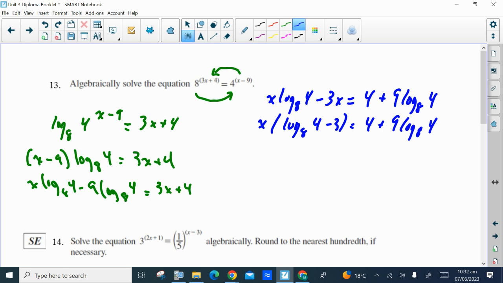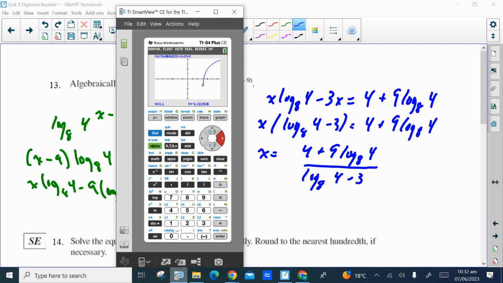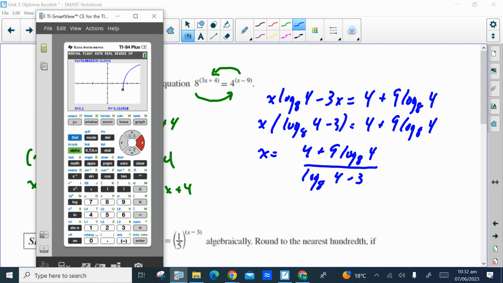So taking out a common factor of x on the right gets x by itself. And then you divide both sides by what's inside the bracket and go to the calculator.